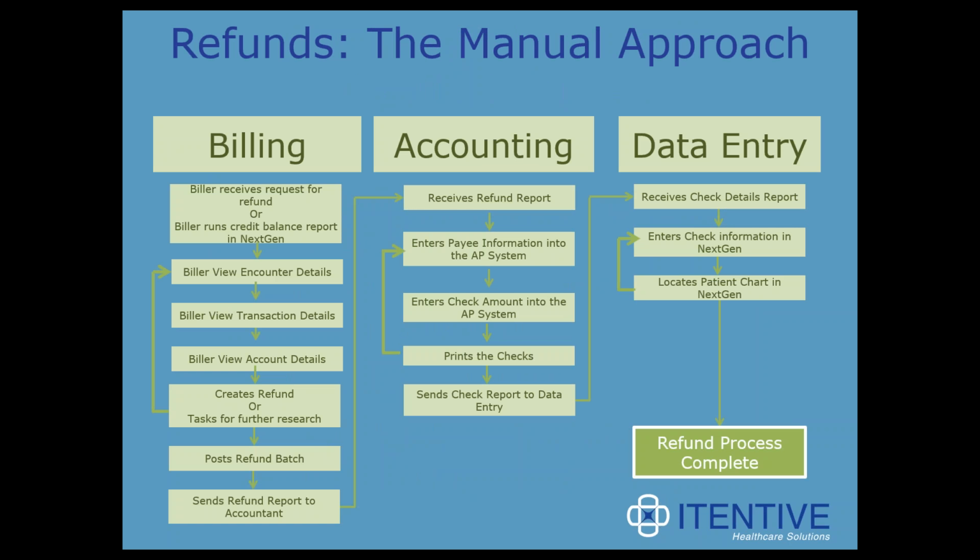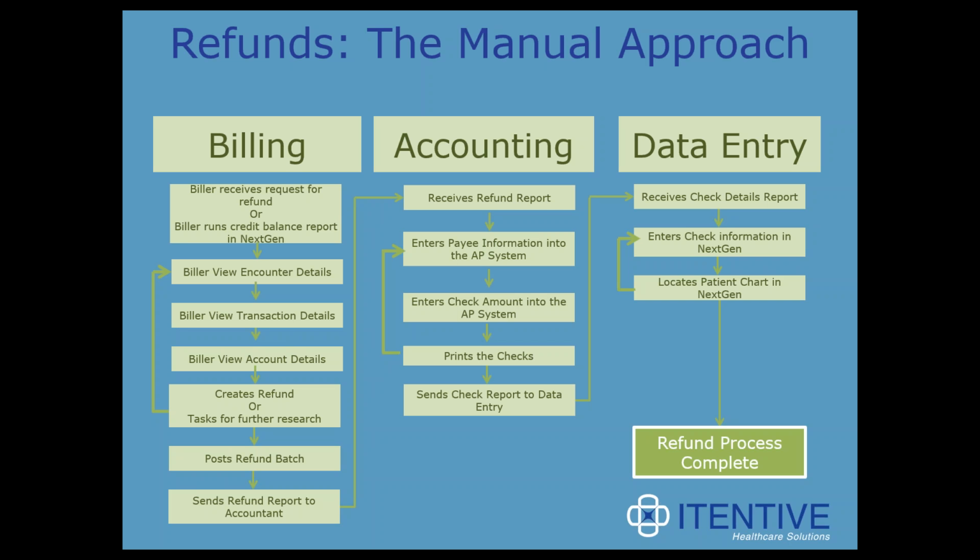These next few slides I'm going to show you cover the process of a typical credit balance handling process within an organization, from identifying where the credit balances lie to the point of issuing a refund check. This one shows a typical process, and you're either going to handle a credit balance on a patient account either reactively or proactively.